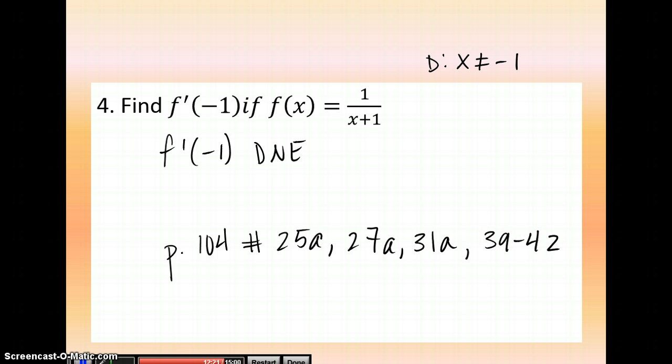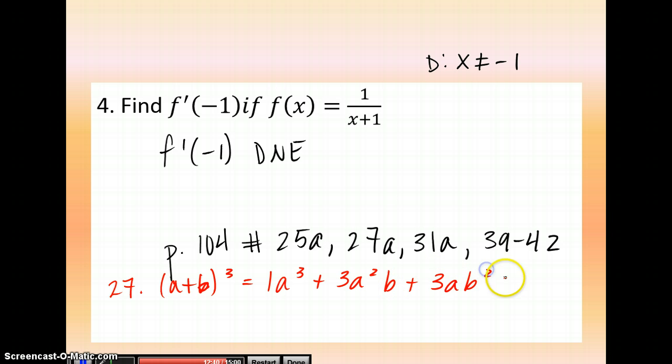And I posted it on Edmodo. I don't know if it'll make sense looking at it in that form. But for number 27, use the expansion of a plus b cubed: 1a cubed, plus 3a squared b, plus 3ab squared, plus 1b cubed. Use that expansion for number 27. I'll see you tomorrow.